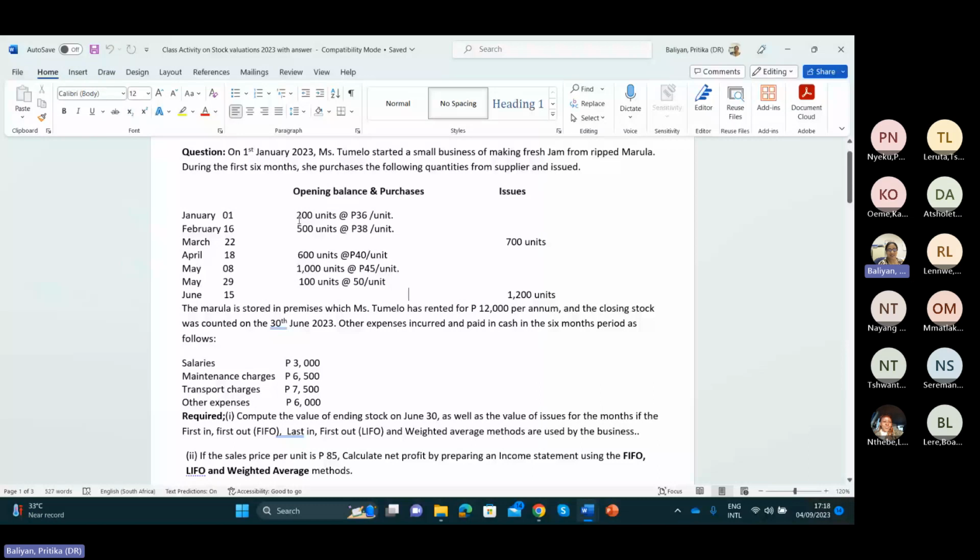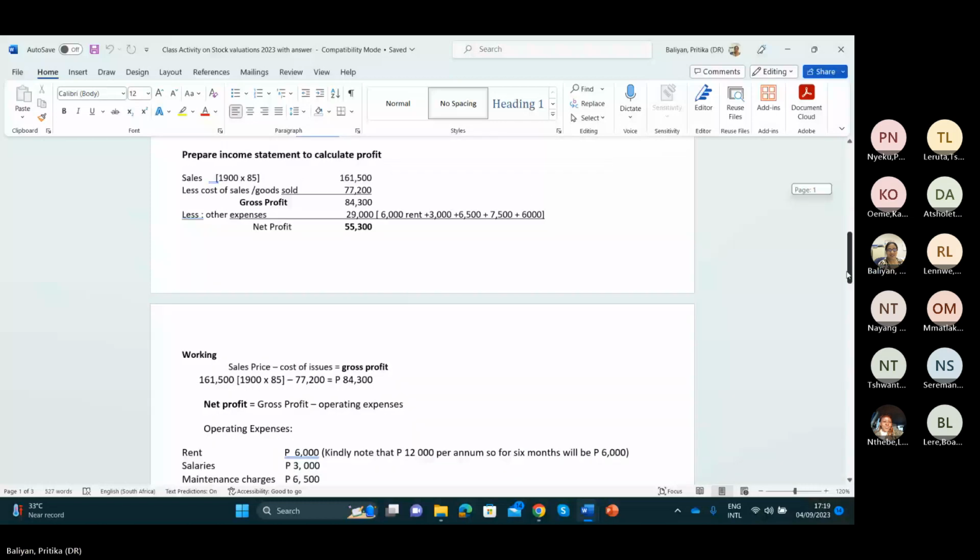So we multiply each time the units times their rate, like we do in other valuation methods. I'm going to show you the solution by the weighted average method, how we determine the weighted average rate.